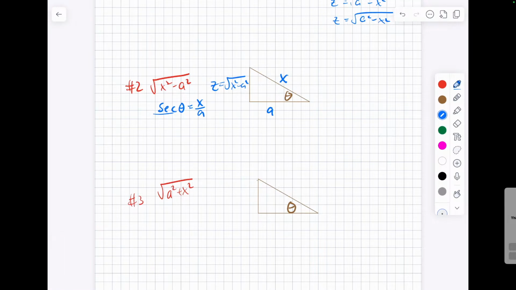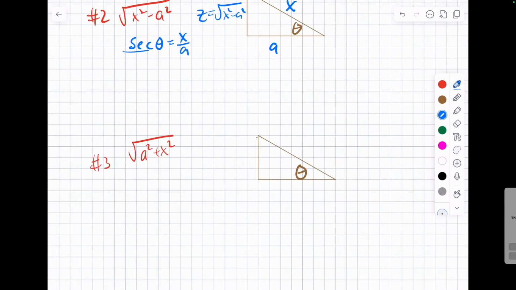That's very obvious, but the orientation is pretty important too. We know this side is the square root of a squared plus x squared. Which side is a, which side is x? Okay, so now you understand.